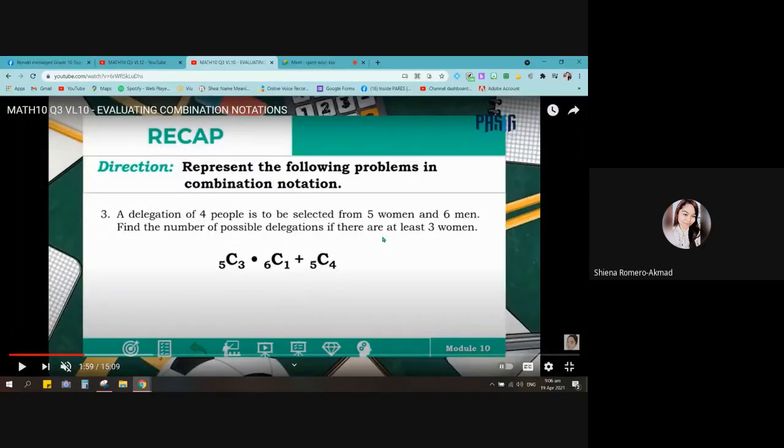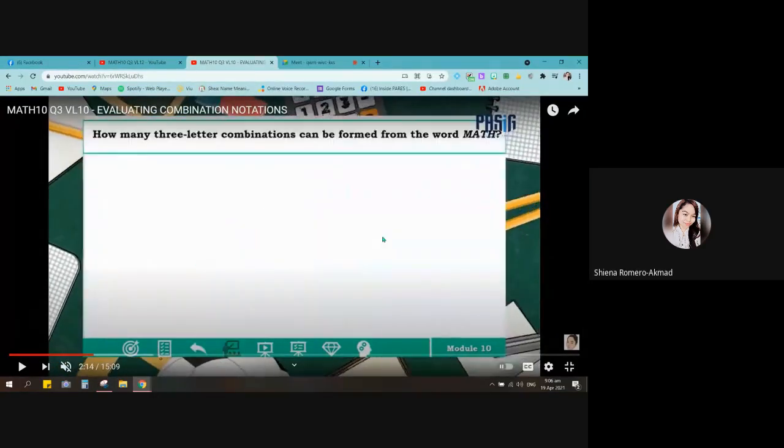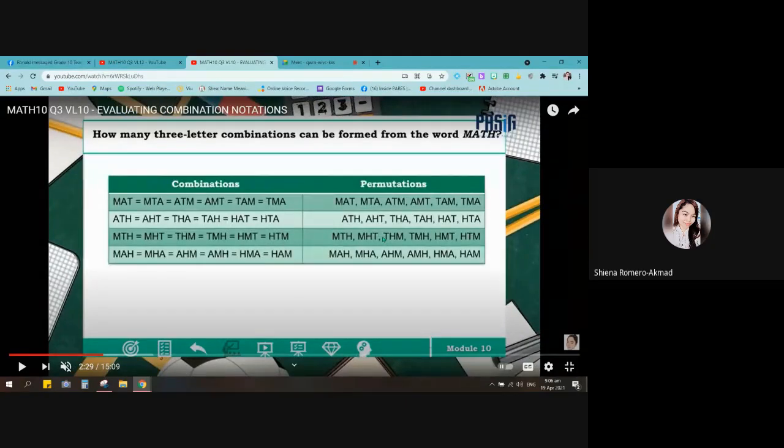I don't know how to represent. Let's proceed to our lesson. So for our lesson, we have here a situation where you have to count the number of combinations to form from the word math. So you're going to use the letters in the word math and form a three-letter combination.